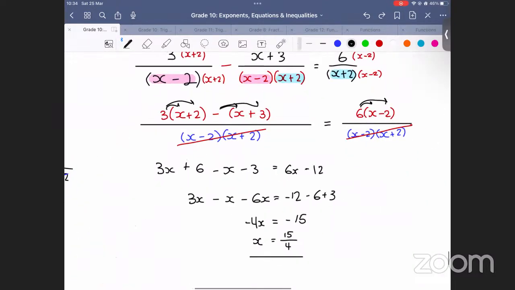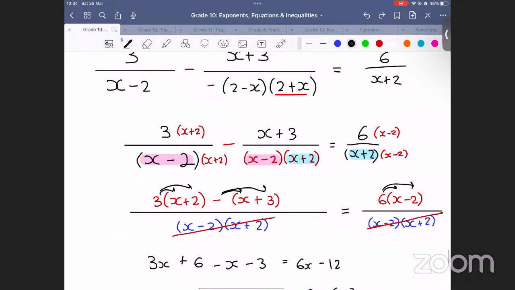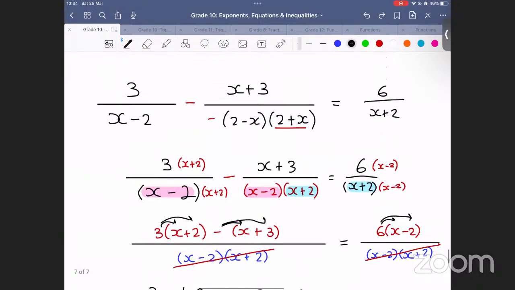No, you don't do that. Don't do that. Just think of it: whenever you have a minus in a fraction, and in your numerator you have an expression with two terms, so a binomial like x plus 3, remember this negative applies to either the numerator or the denominator.